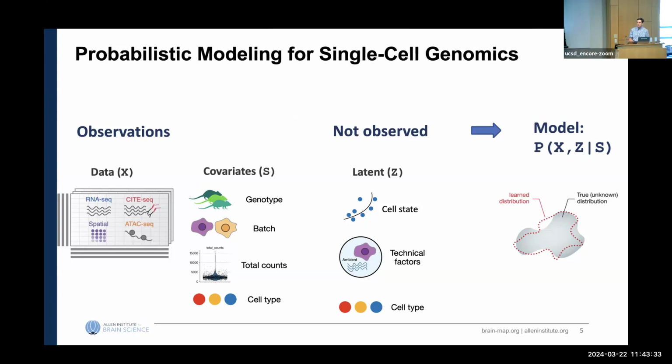You don't have access to these. You have sample data, and you would like to sample from the posterior distribution of these variables subject to the data that you see. But the problem is that this is a very difficult thing to measure.